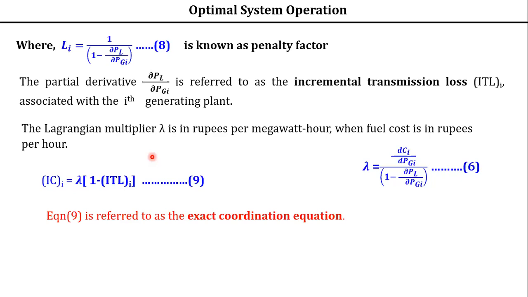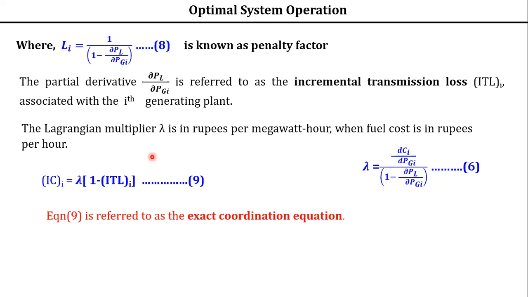If they ask this question, don't derive dCi by dPGi is equal to lambda, that is, dC1 by dPG1 is equal to dC2 by dPG2 and so on up to dCn by dPGn, N generators are there, is equal to lambda. This is the coordination equation when losses are neglected.